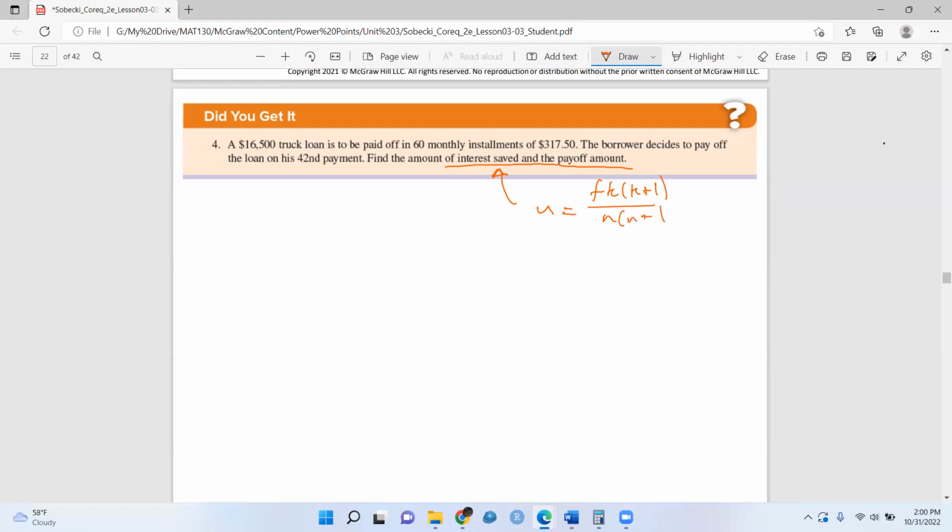So we need the finance charge, which is the difference between the price of the thing and the amount we paid. We always pay more than the price of the vehicle because we borrowed it. So we just do the monthly payment times the number of months minus the 16,500. That gets the finance charge. So we're paying an extra $2,550 to buy this truck.